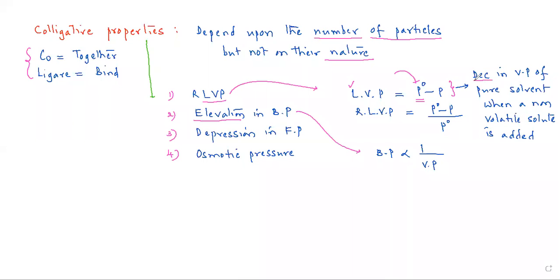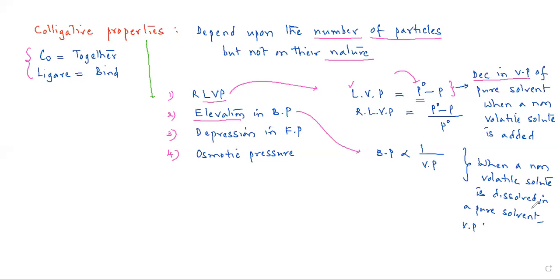So when a non-volatile solute is dissolved, vapor pressure decreases, boiling point increases, because boiling point is nothing but the temperature at which vapor pressure of a liquid becomes equal to atmospheric pressure.